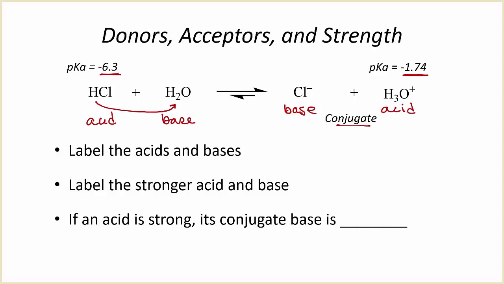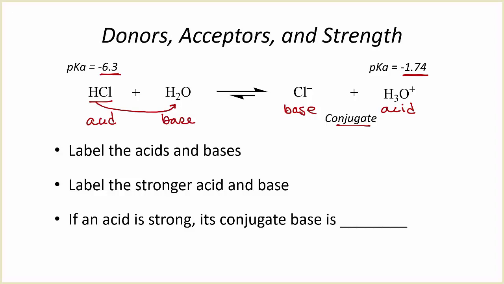Right. Now, how do you know which way the equilibrium is going to be favored? Is this going to be favored towards the product, or is it going to be favored towards the reactant? The simple answer is the stronger acid will push the equilibrium towards the weaker acid. In other words, HCl is a stronger acid, so it's able to push the hydrogen to the H2O.